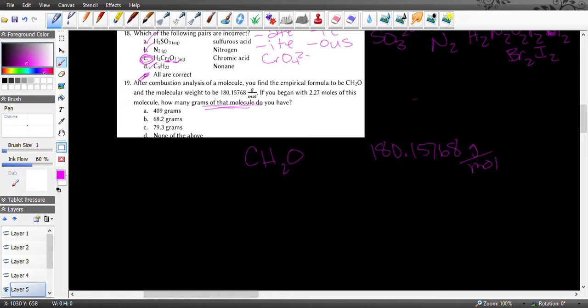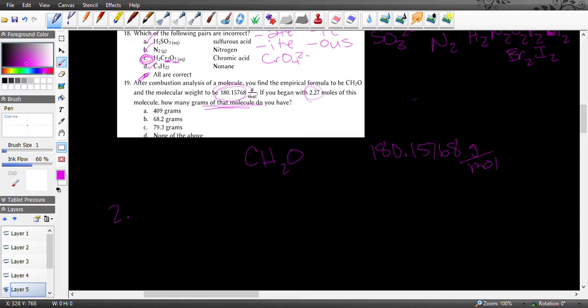In order to do that, we need to know, you know what? There's a shortcut here. If you have 2.27 moles and the molecular weight is this, there was supposed to be another way to do it, but let's do it the easy way.